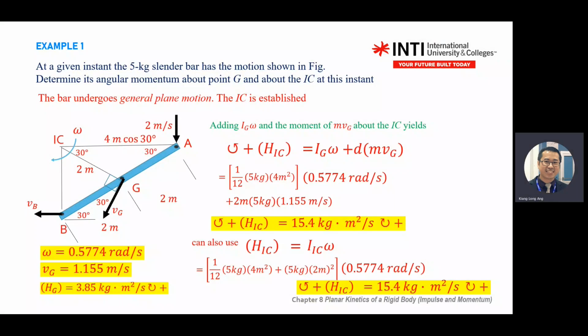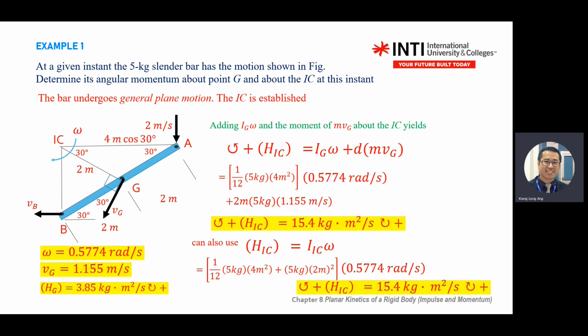Okay, now example one has shown you how to find angular momentum. Then what is angular momentum? Angular momentum, you take linear momentum times the distance to that velocity. Angular momentum H, or in short, you can just memorize I omega. If you are at G, then G. If it's another point other than G, you just change to IO.